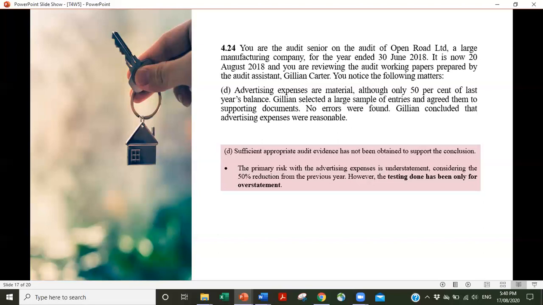So that means that possibly your advertising is understated and your balance sheet has overstatements in it. The only reason that advertising would be cut by 50% is if there was an appropriate action by the company to make that decision.